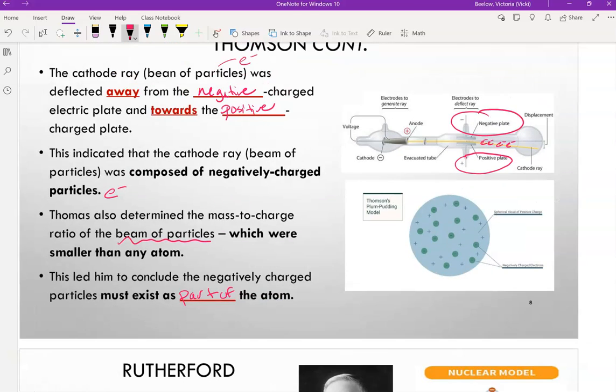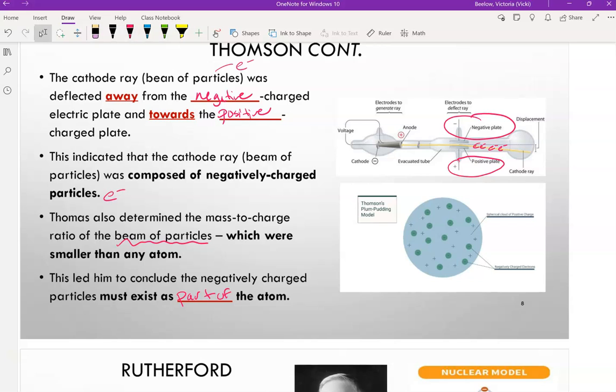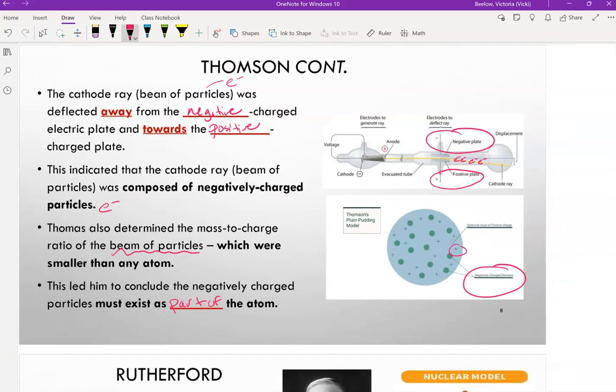But he also knew that, generally speaking, atoms overall had a neutral charge. And so he's like, well, if there's this negative charge that's a component of the atoms, then there must be some type of positive component to cancel that out.